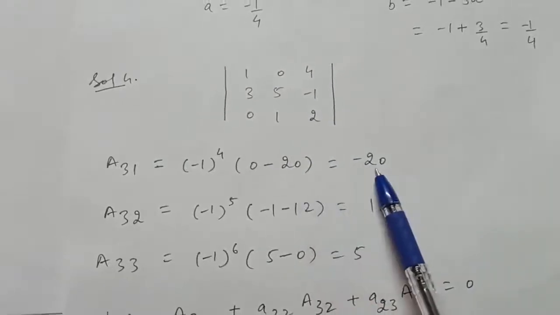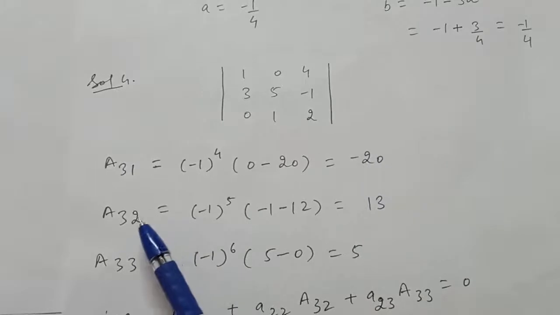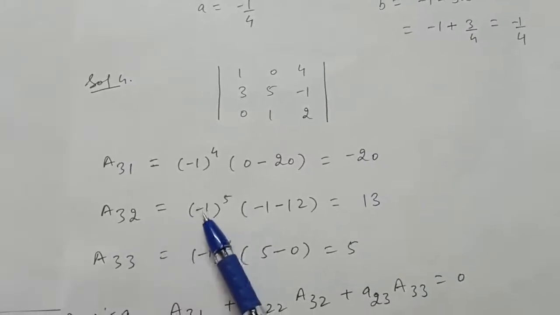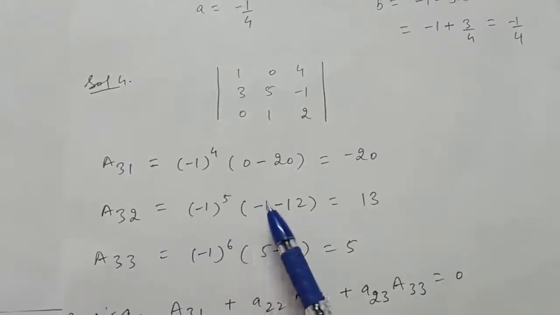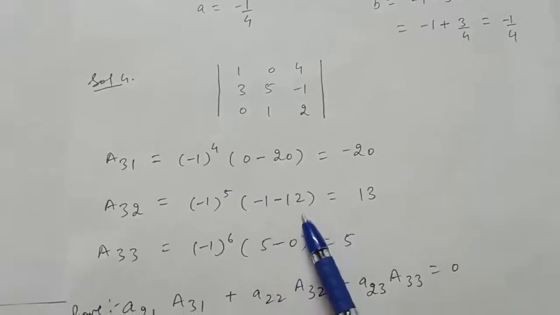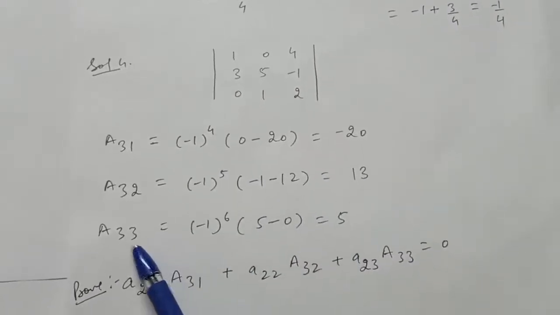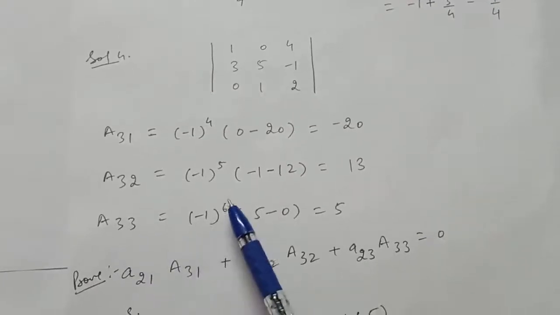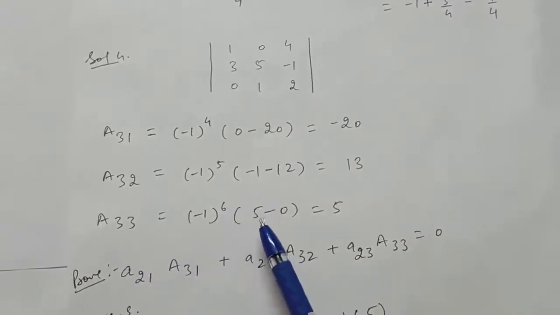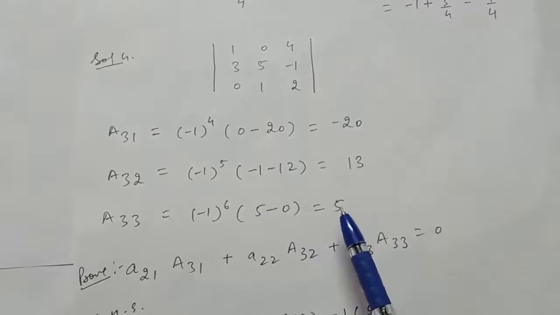So this will be -20. Then the cofactor A32 is -1 raised to the power 5 into -1 minus 12, that is 13. And the cofactor A33 is -1 raised to the power 6 into 5 minus 0, that is 5.